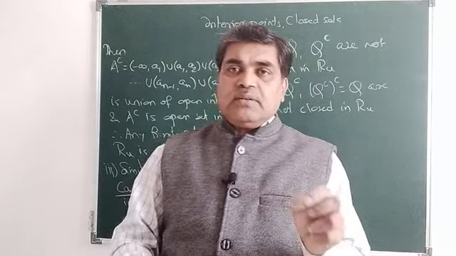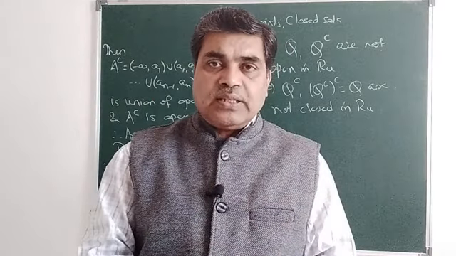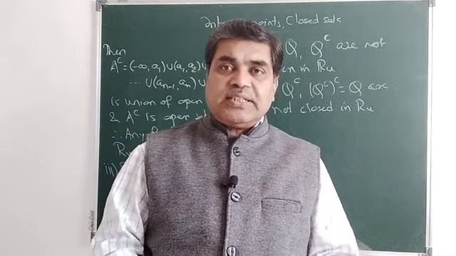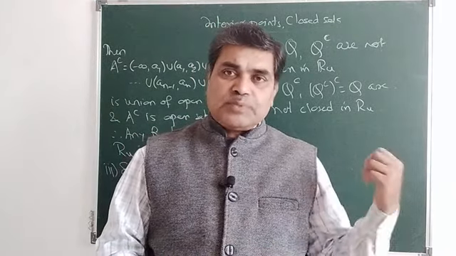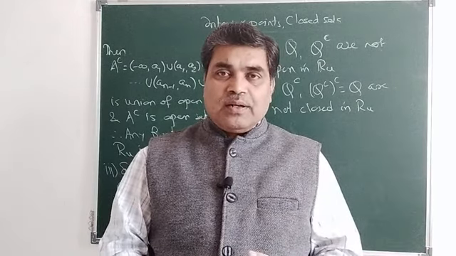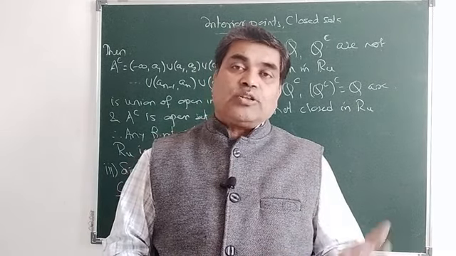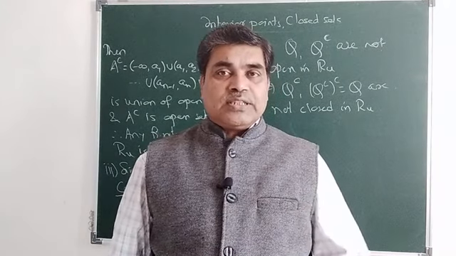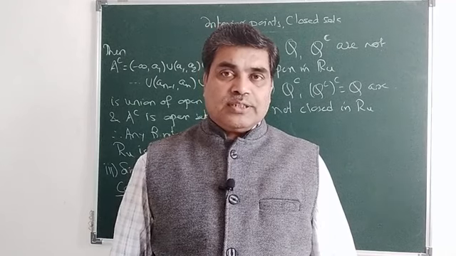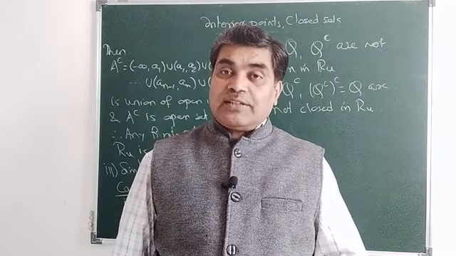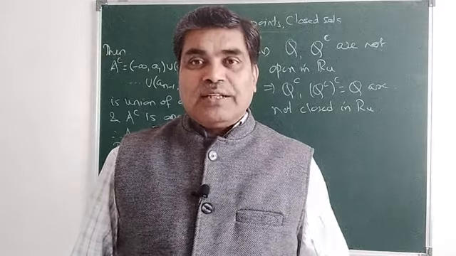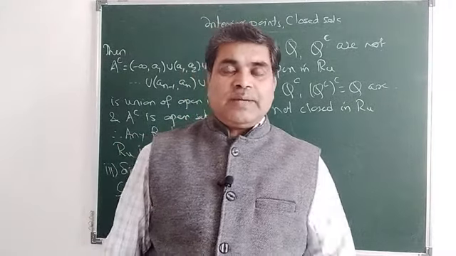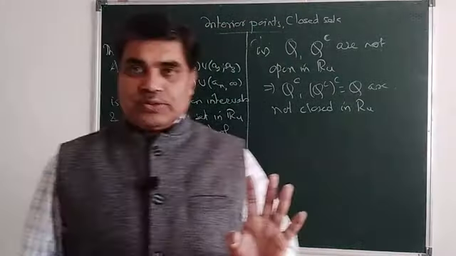Because if I take any neighborhood, any open sphere about a rational number, it is an interval, and that interval contains rational as well as irrational numbers. So it is not a subset of Q, and not a subset of Q complement. Therefore the set of rational numbers and the set of irrational numbers are neither open nor closed sets. But if I take a finite set containing only rational numbers, then it becomes a closed set. Every finite subset of any metric space is closed. Is it clear?